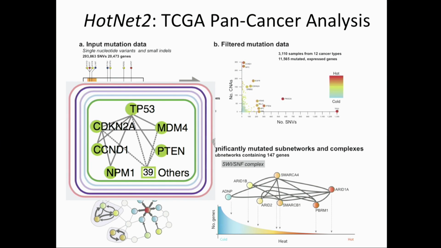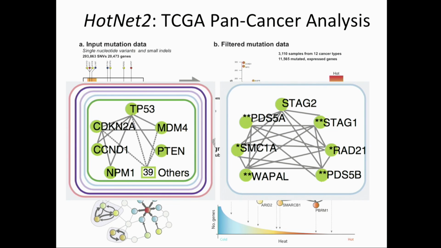So this corresponds to identifying automatically knowledge of cancer that was previously known. Another subnetwork that we identify instead corresponds to part of the so-called cohesin complex. That is a complex for which some genes were reported previously to be important for cancer, but its contribution to cancer wasn't as well characterized at the time. So this essentially corresponds to what we think is a novel discovery for driver mutations in cancer.